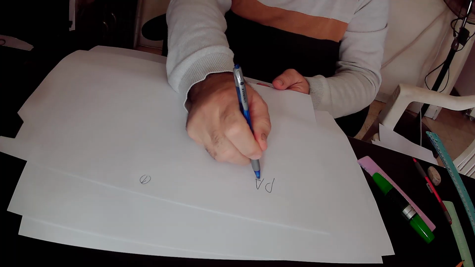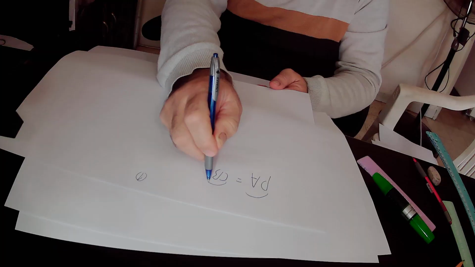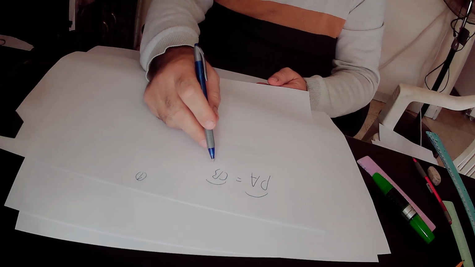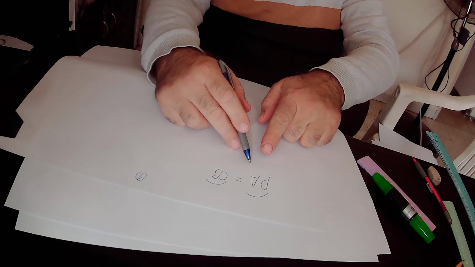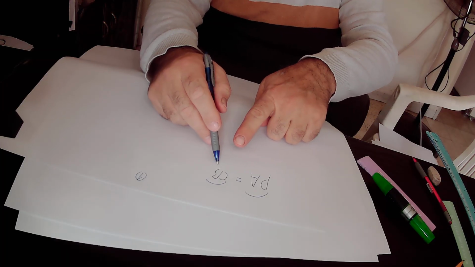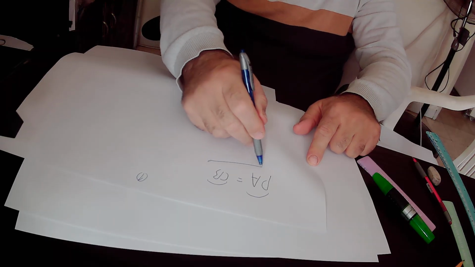The rounded sign above PA and CB is the sign for arc. It means arc PA equals arc CB in its length, according to what is given in the question.